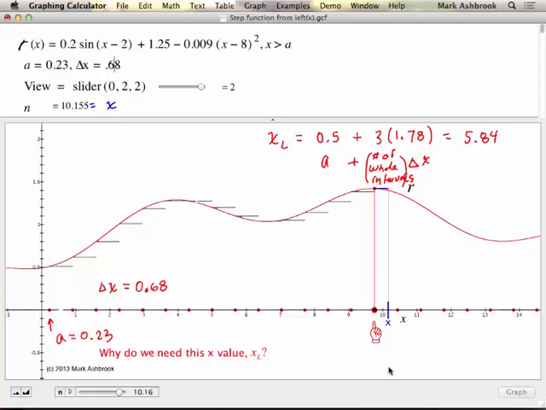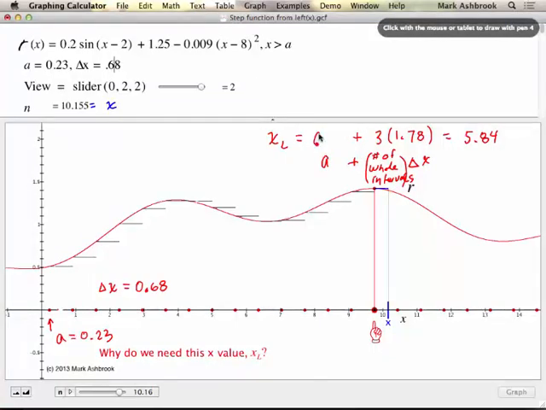What is it? Okay, and how did you get that? 14 intervals. Okay, so she took 0.23 plus 14 times 0.68. Is that right? Yes. And what do you get? 9.75.